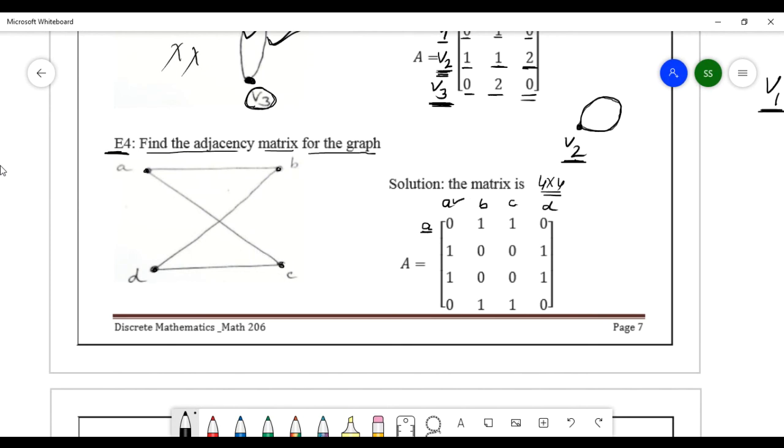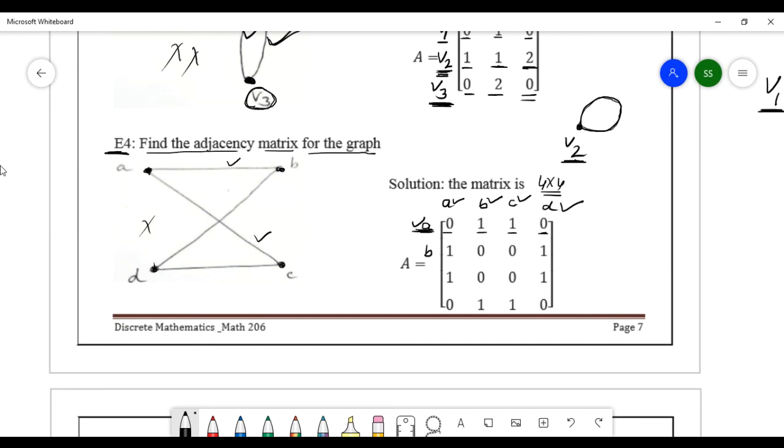A to A, here no loop, so this is 0. And now A to B. Here one edge exists, so here 1. And now A to C, here one edge exists, so here 1. And from A to D, see this, A to D here no edge, so here 0. Okay.